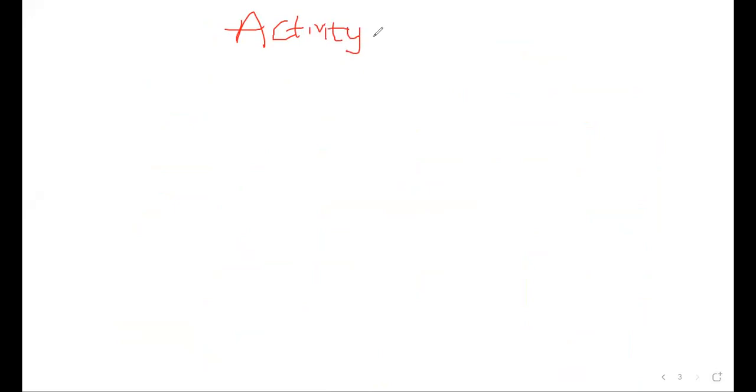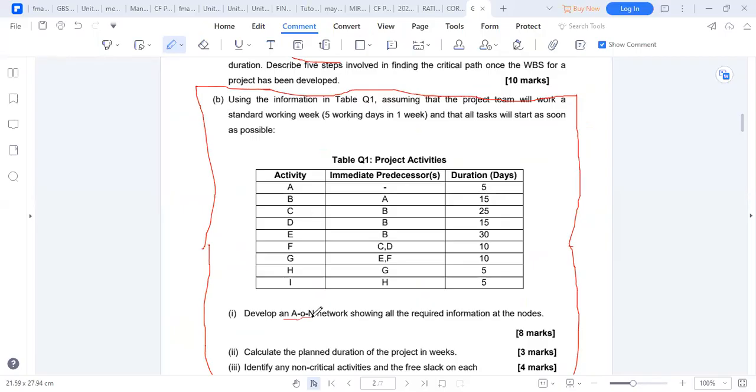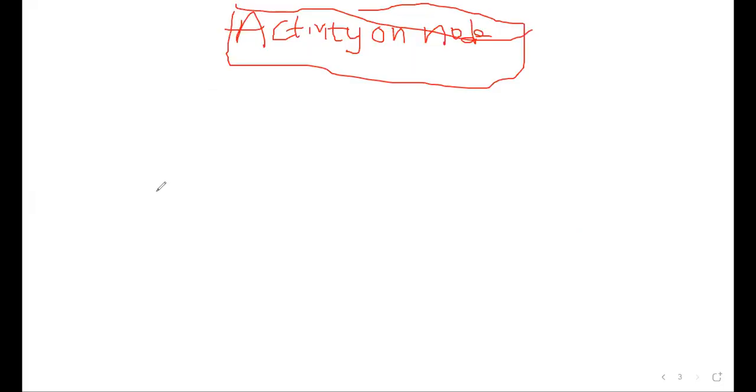So what happens here is that the first activity is A. So you put A on the node. This is a node.